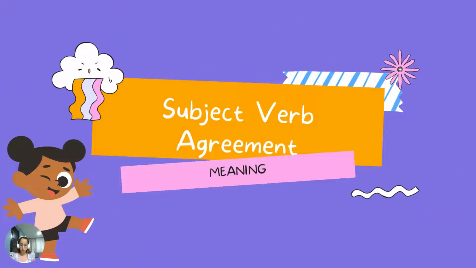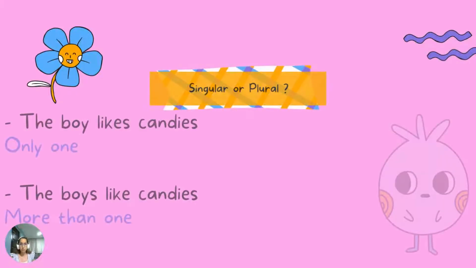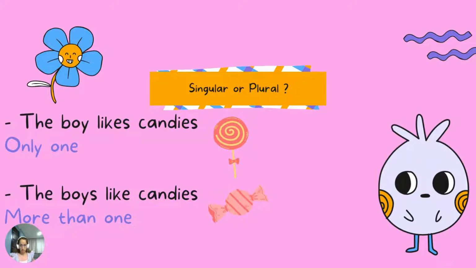Okay, so let's move on to the subject-verb agreement and let's look at the meaning. Okay, so there are reasons for using a singular or plural verb. Sometimes it is difficult to choose between a singular or plural verb, but it depends on the meaning.